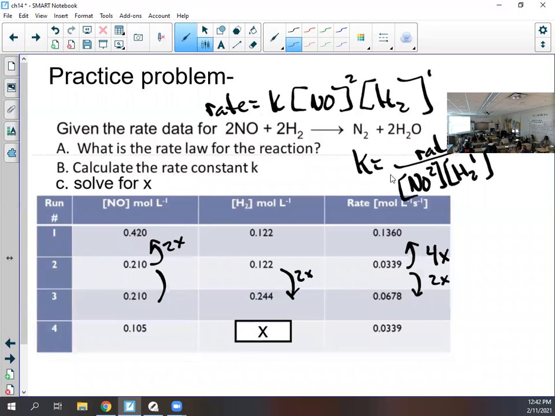Okay, when we plug this in, just the top row, so you plug in 0.136 on the top, you put 0.42 and you square it, and you put 0.122 and you don't square it, and all that equals what number? 6.3. Are we all right with that?